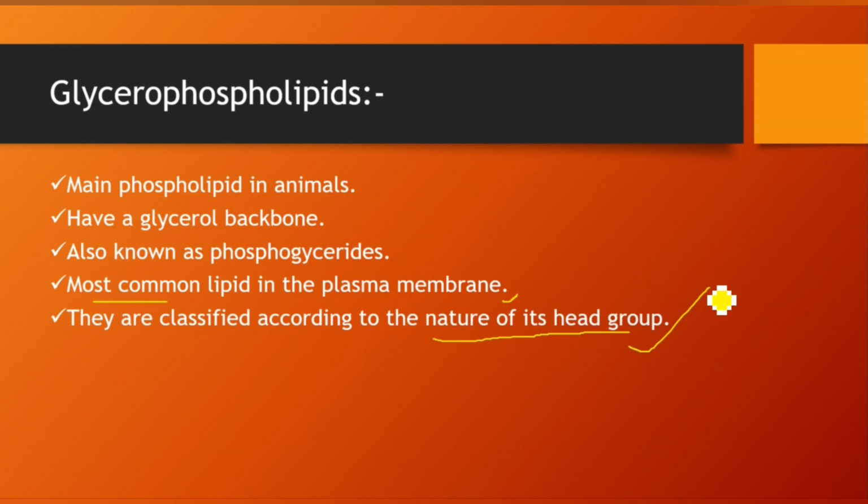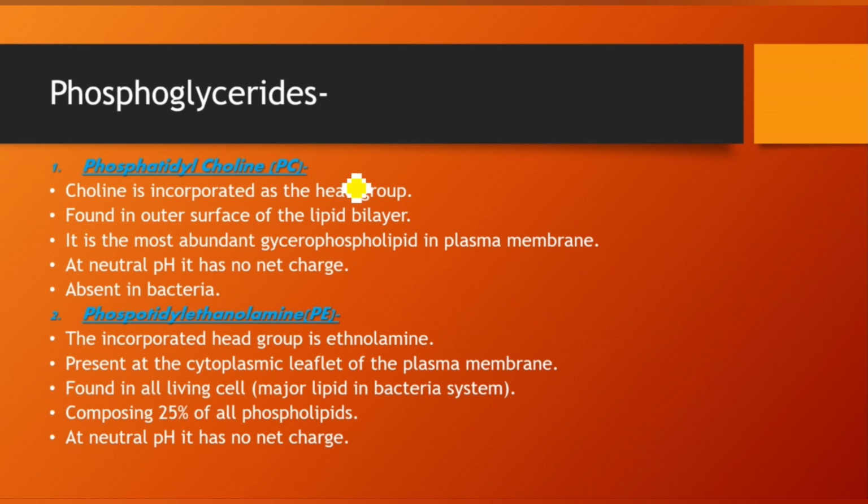So they are based on the nature of the head group. Further, if we talk about phosphoglycerides or glycerophospholipids, they are phosphatidyl choline, phosphatidyl ethanolamine, and phosphatidyl serine.